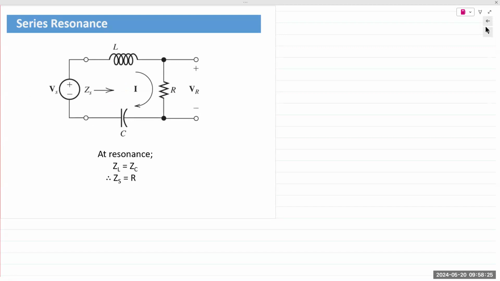What that means is when you apply an AC signal, in the positive half cycle, energy flows into the inductor, and in the negative half cycle, the energy flows out of the inductor. For a capacitor, it is the exact opposite. Energy flows into the capacitor during the negative half cycle, and it flows out in the positive half cycle. Completely opposite.